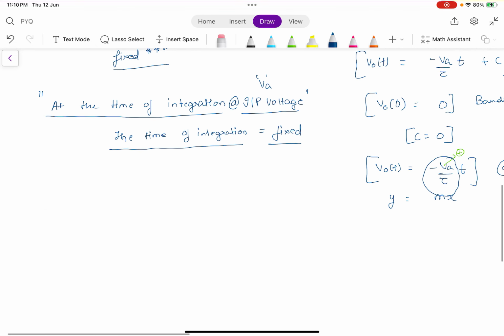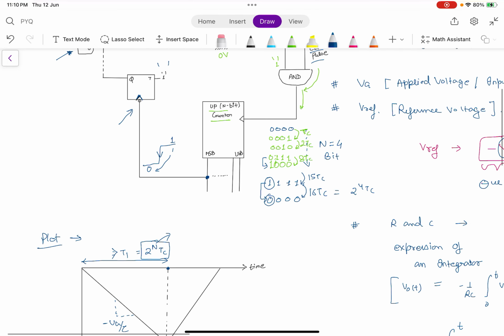No matter what the value of VA is, it only depends upon the counter, because the counter goes from highest to lowest, from 1111 to 0000, and only then does the value go from 1 to 0. There is no other step in between where the MSB goes from 1 to 0.